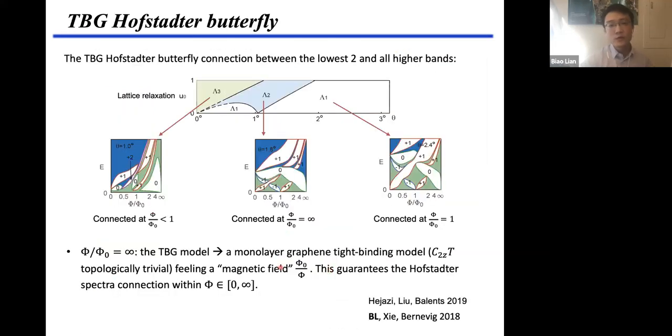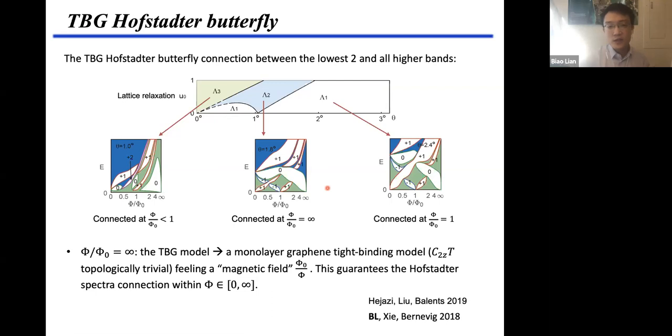If you look at different angles, there are actually some different cases in this spectrum that I would like to mention. There is a regime in the angle and lattice relaxation space where the spectrum of the higher bands and the lowest band are connected at infinite flux. One might wonder why infinite flux also counts in this plot.